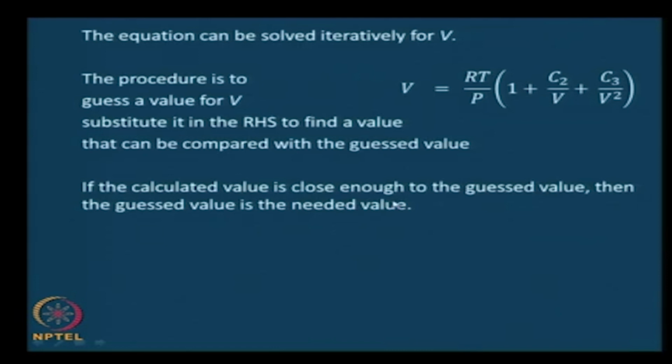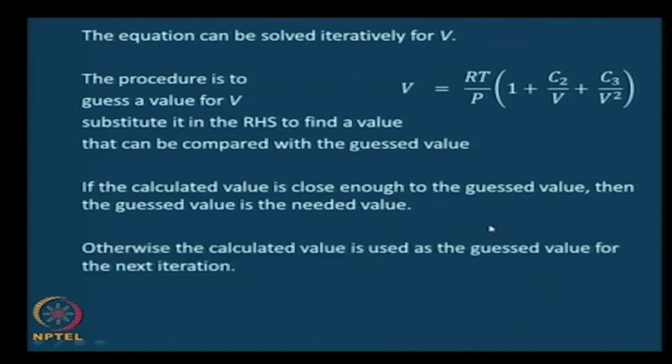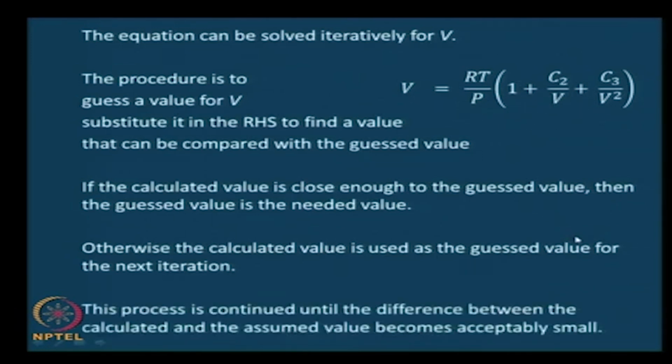We said close enough, you need to be a little careful, otherwise the calculated value is used as a guessed value for the next iteration, and then you use that volume here, substitute that volume here to find out the right hand side and then compare again, and the process is continued until the difference between the calculated and the assumed value becomes acceptably small.